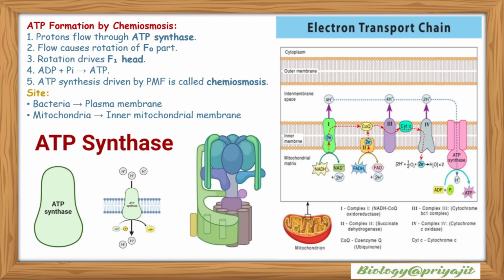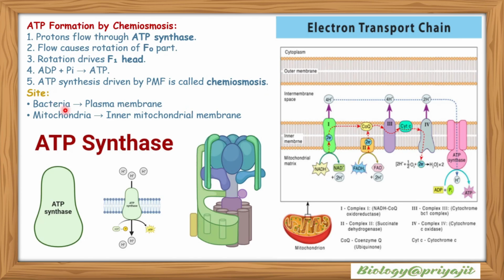Protons flow through the ATP synthase, and this flow causes rotation of the F0 part. This is the F0 part, the membrane-embedded portion, and this is the F1 part. Rotation drives the F1 head, and ultimately ADP plus inorganic phosphate is converted into ATP. This ATP synthesis driven by PMF is called chemiosmosis.